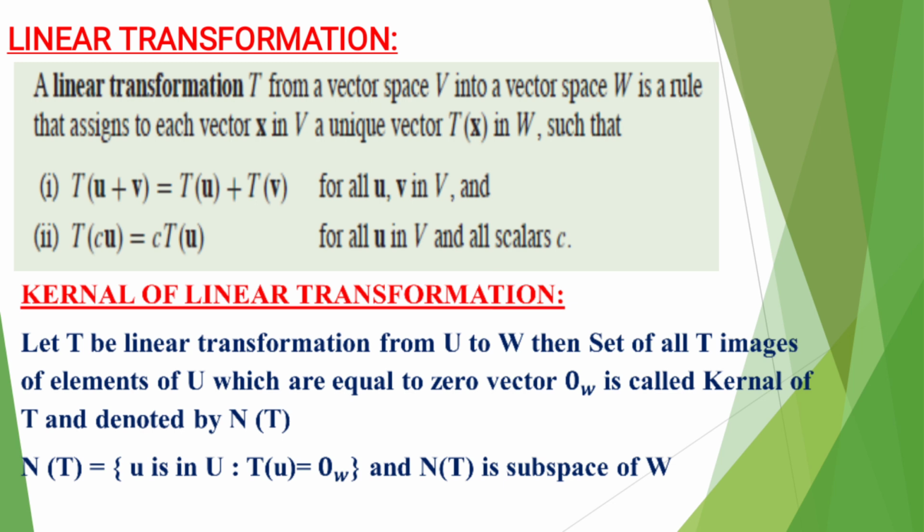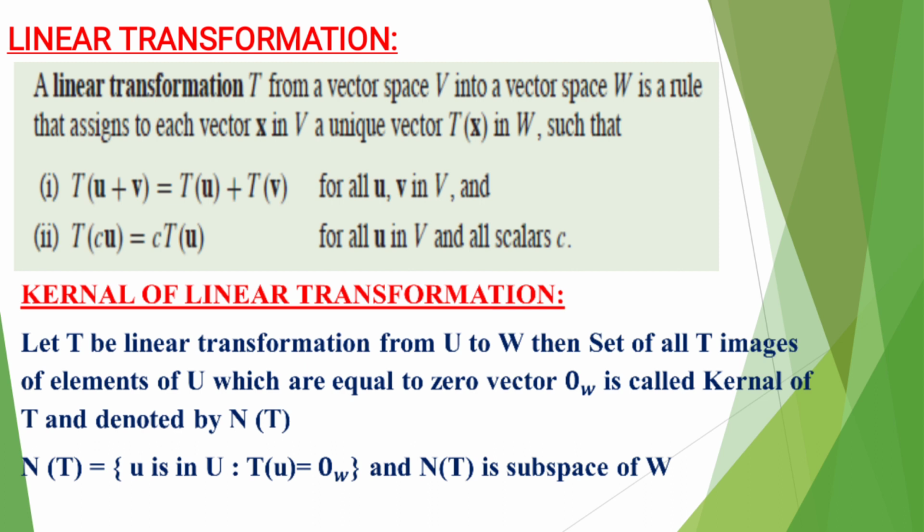Linear transformation means it is a mapping. It is similar to homomorphism of groups. Here is the definition of a linear transformation. First, we have two vector spaces V comma W, and the mapping T from V to W satisfies two conditions. Then we say that the mapping is called a linear transformation.